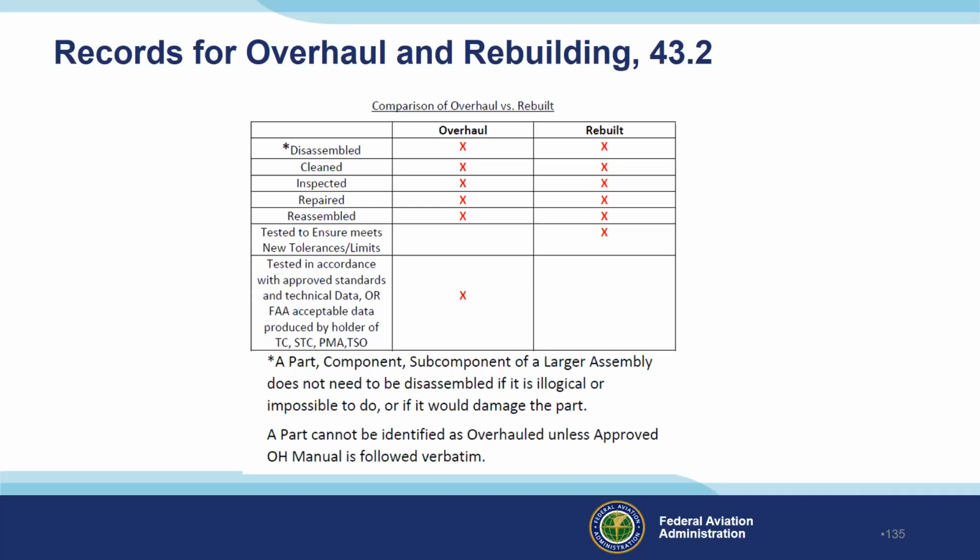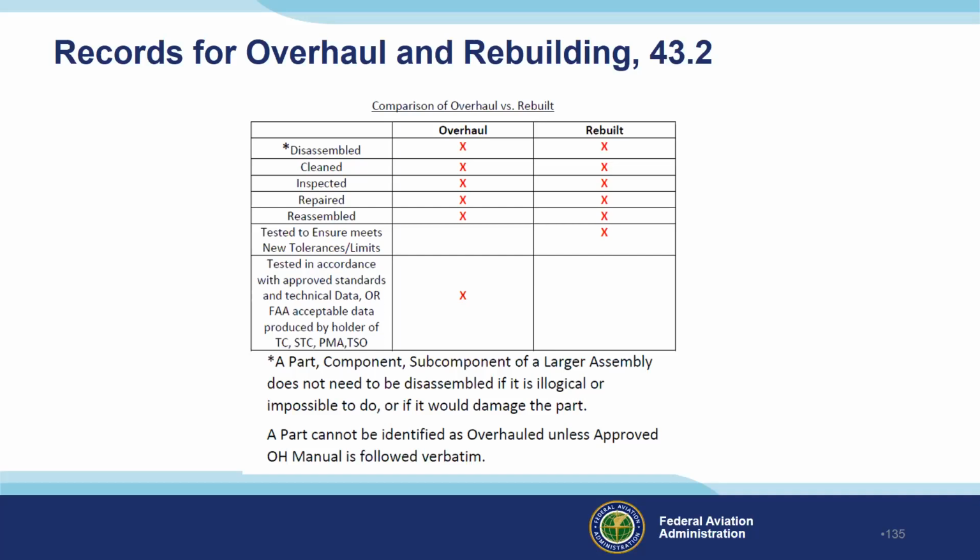And a part cannot be identified as overhauled unless the approved overhaul manual is followed verbatim. According to a legal interpretation in 2015, a subcomponent of a larger assembly that is being overhauled does not have to be disassembled beyond its normal state, or if it would damage the subcomponent.